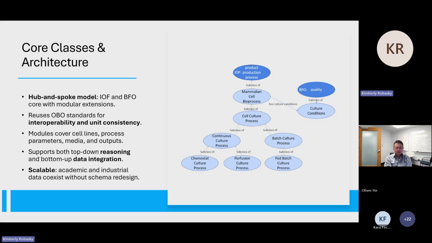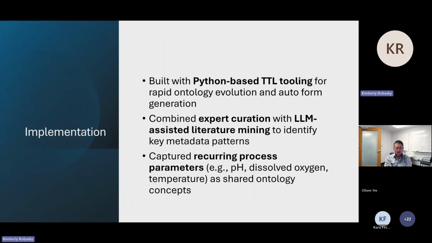Shared object properties enable both top-down reasoning and bottom-up data integration, supporting scalability while allowing academic and industrial data sets to coexist without redesigning the schemas for each newly introduced data set.